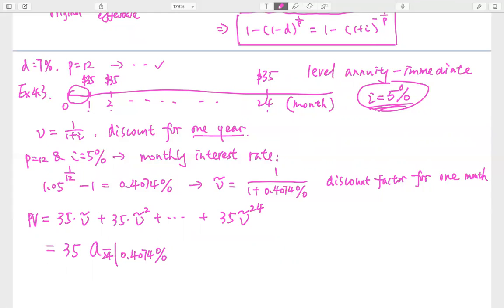In this case, the unit period is 1 month. 1 year is 12 periods. So you will need to convert this interest rate to the unit interest rate.